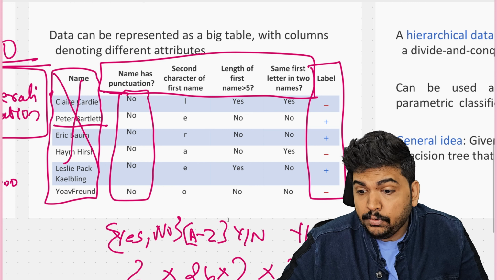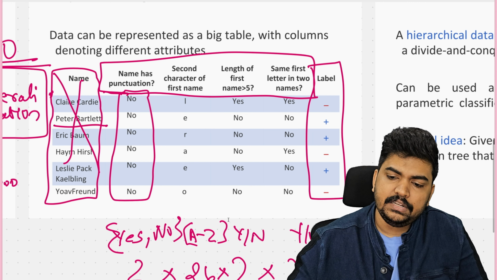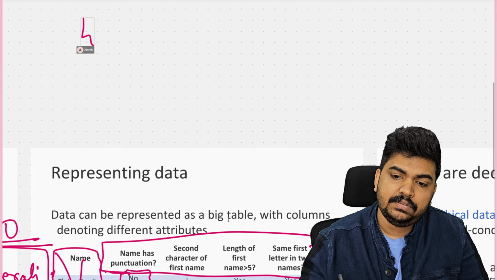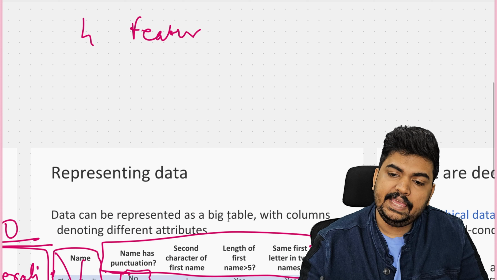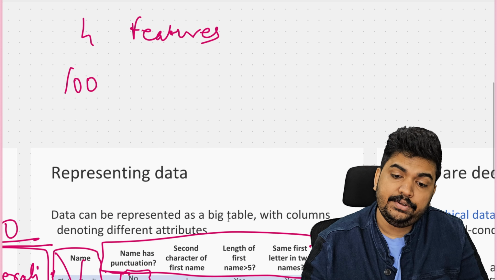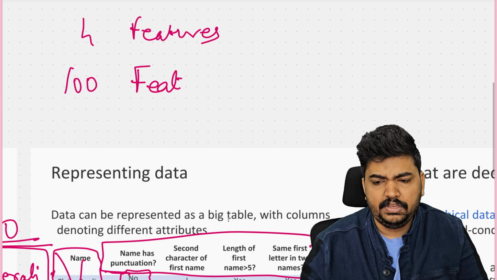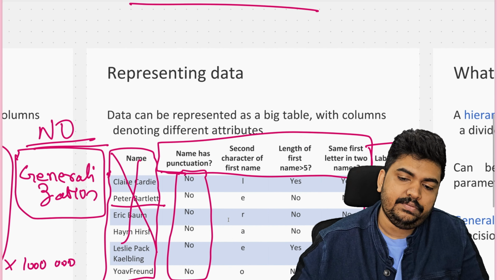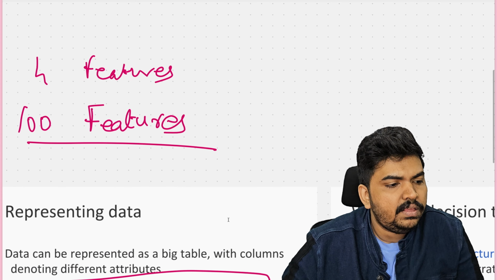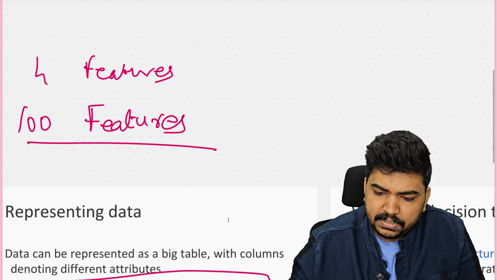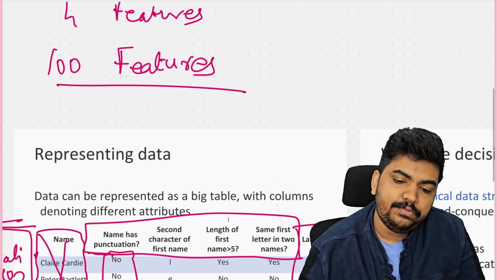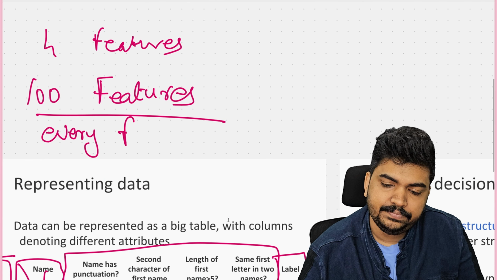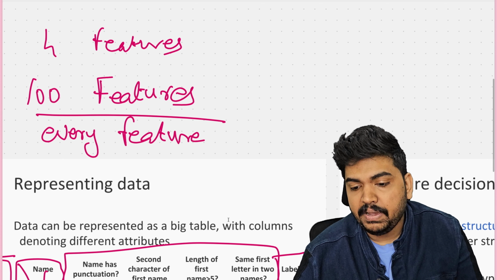Now think of a scenario where instead of 4 features, we have 100 features. We can extract 100 features from data, even from this name data. And let's avoid some complexity. Let's say that every feature is a binary feature.